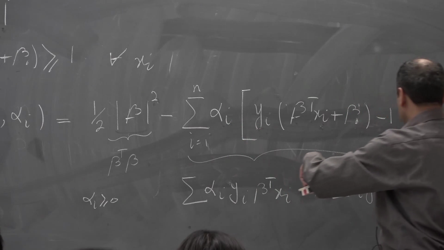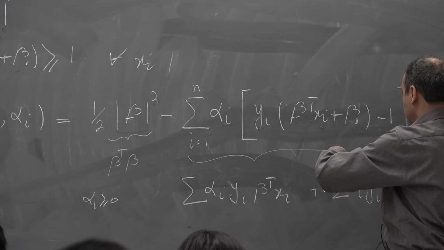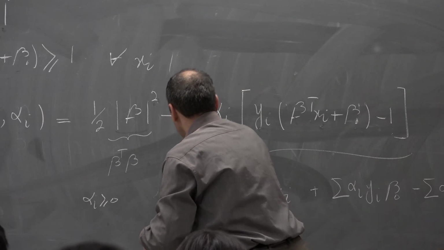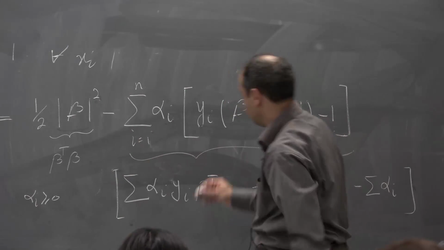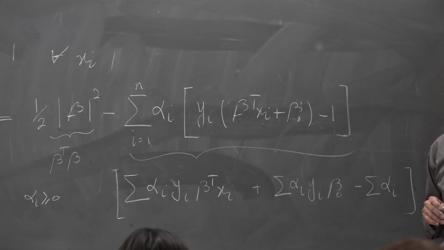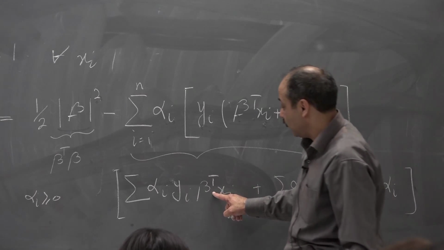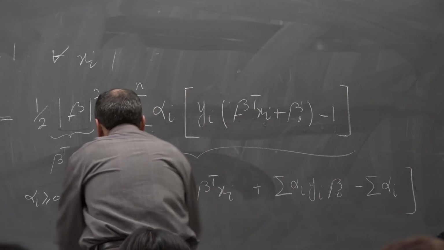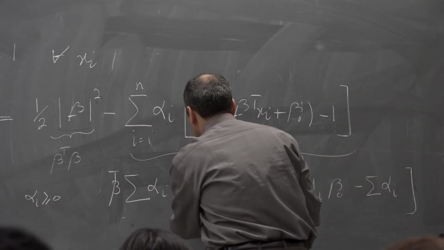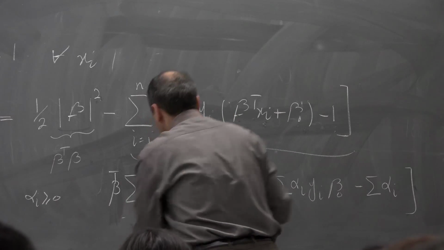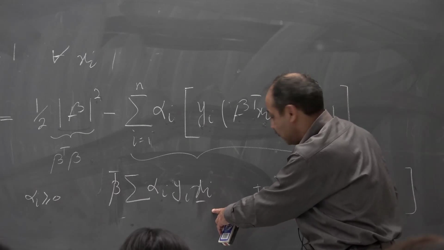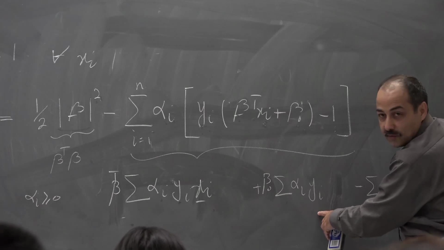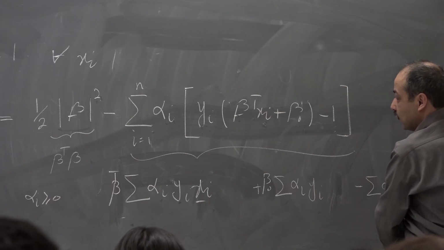And I have minus alpha i. That's the expansion of this part. And this beta transpose can go outside this summation, so it's beta transpose times the sum of alpha i, yi, xi. And this beta null can go outside, so it's beta null times the sum of alpha i, yi, right? And then I have this alpha i.